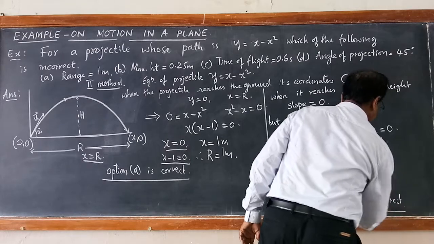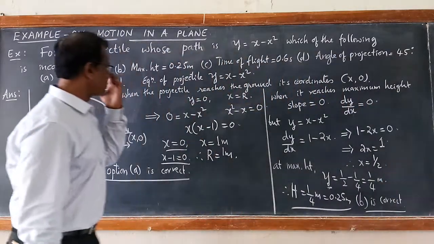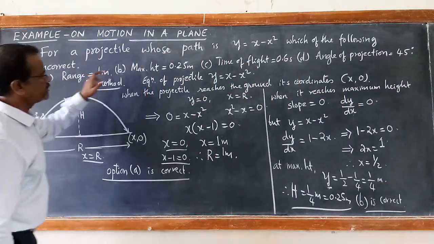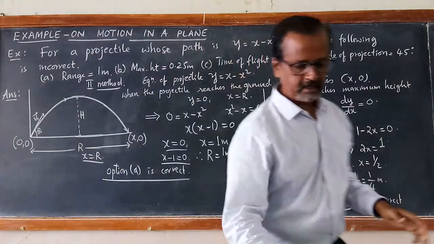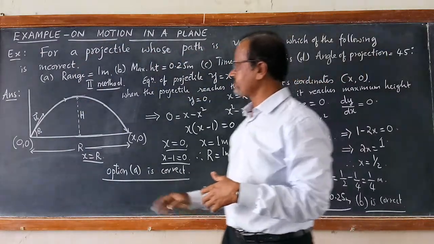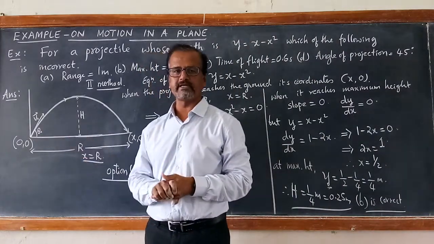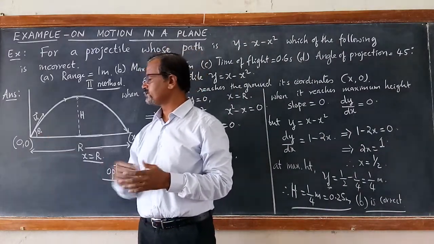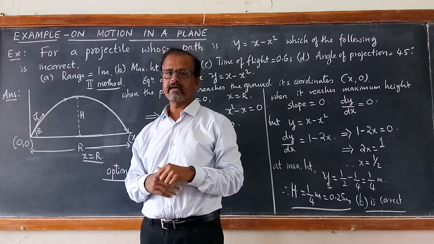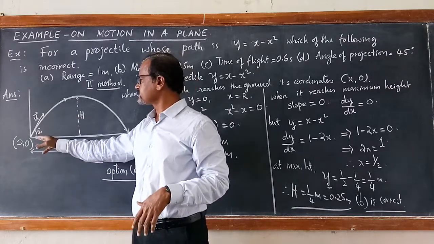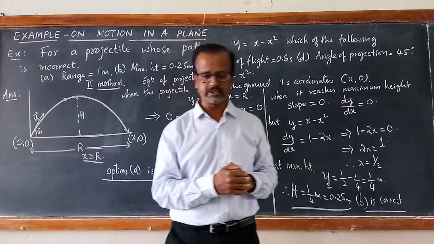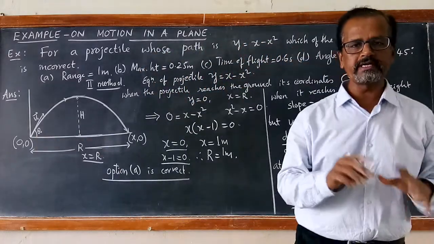Now let us see the next one, time of flight and angle of projection. Angle of projection can be derived from the slope at the initial point. Using the slope at the initial point, we can find out the angle of projection. So dy by dx at this origin, which has coordinates 0, 0.